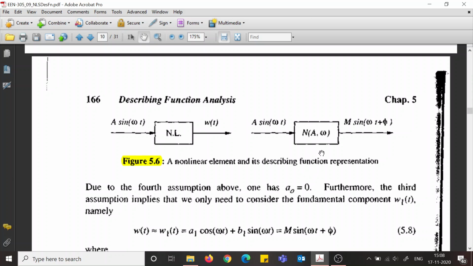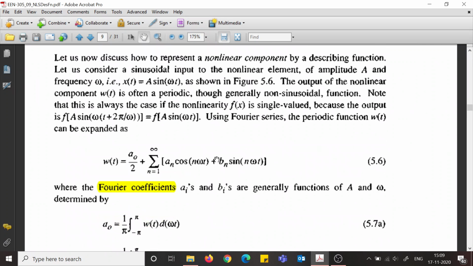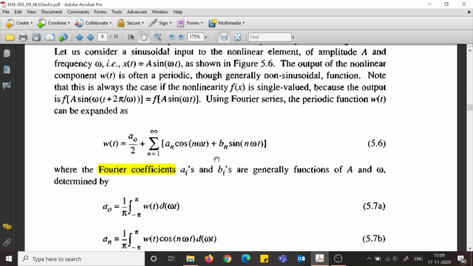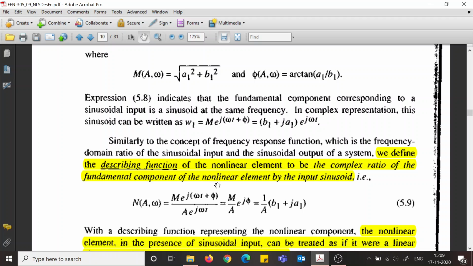What is this describing function? This is basically a ratio. We have the definition here. Let me see. Yes, here. So what is the describing function? It is the complex ratio of the fundamental component of the nonlinear element output to the input sinusoid.